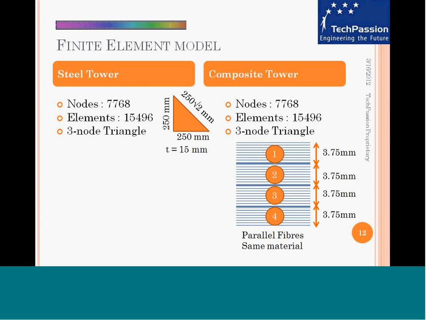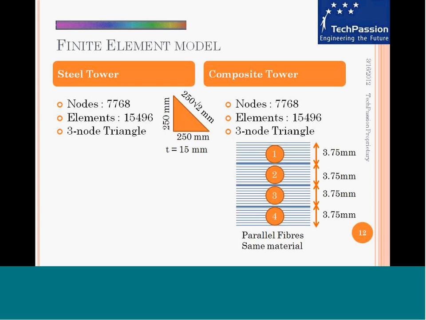The triangle element, just to get the scales right, we are showing the dimensions of the 3-node triangle element that is used to build the mesh for the finite element model. It's 250 millimeters and 250 millimeters along two of the dimensions, and the third, the hypotenuse, is 250 square root 2 millimeters.